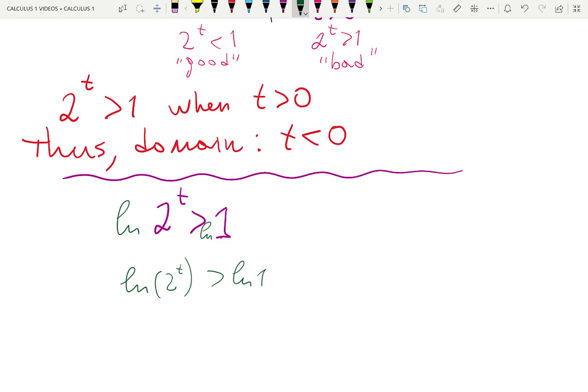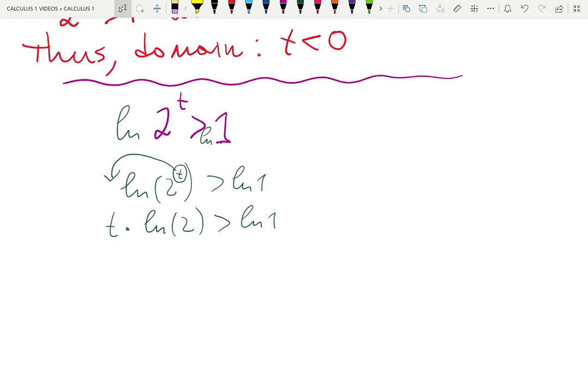Well, t can go down, and by going down I mean multiply. t times ln of 2 is greater than ln of 1. That is the property of logarithmic functions. And now I can solve for t. t will be larger than ln 1 over ln 2.